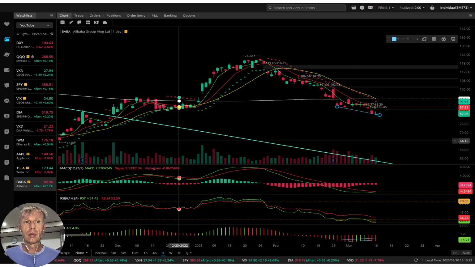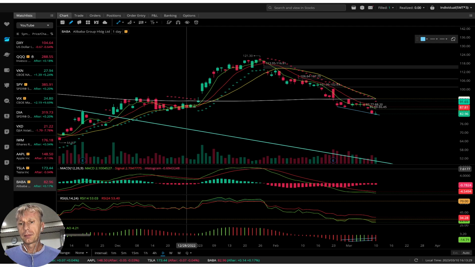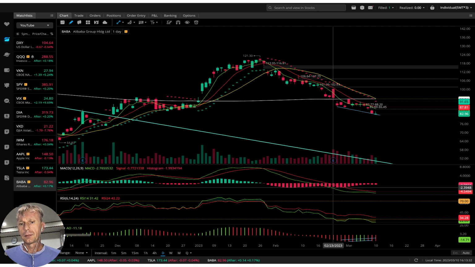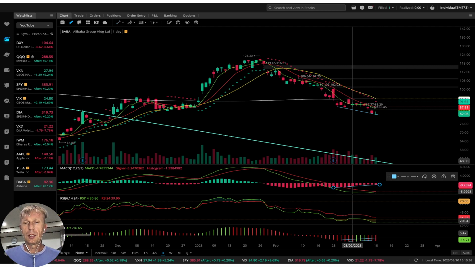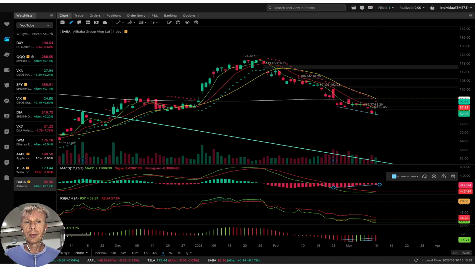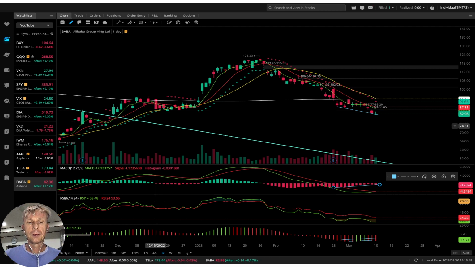Some bullish divergence on the MACD histogram. And that's all on daily time frame. Bearish trend. Yeah, it closed below this previous support around 85. Next support will be 74.